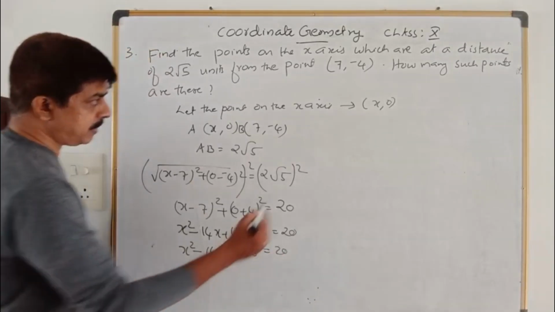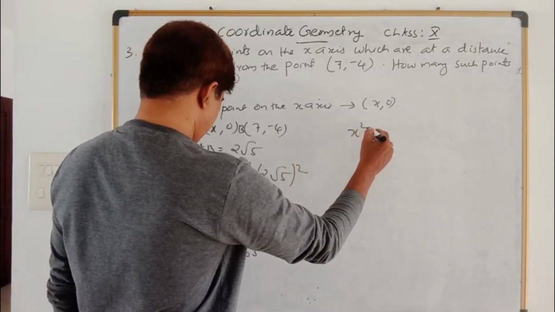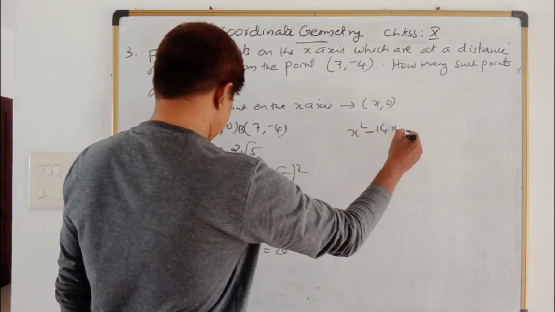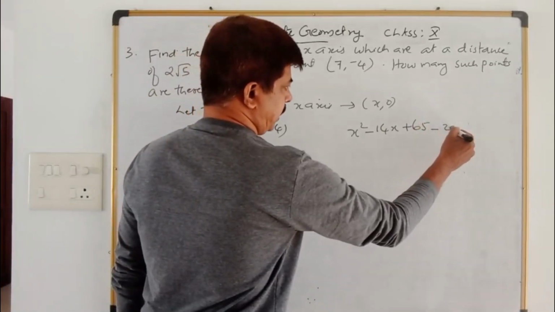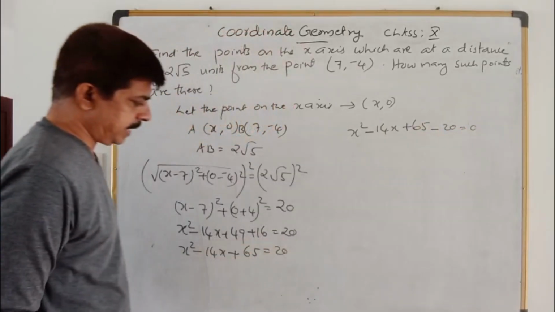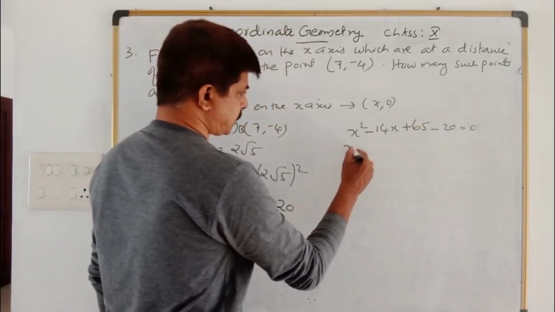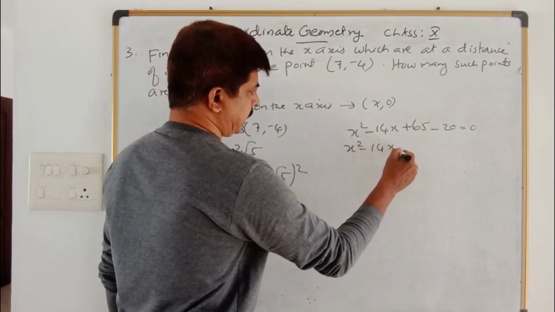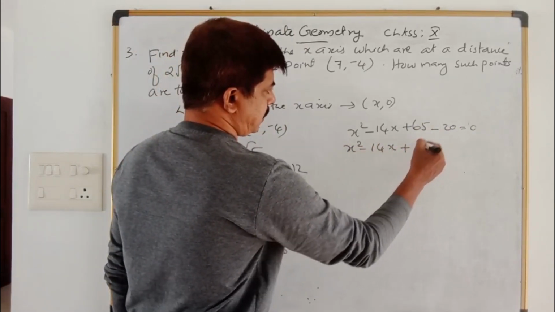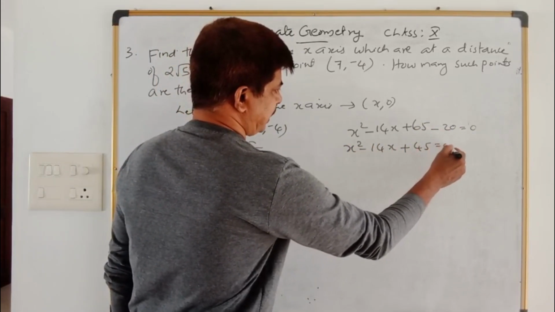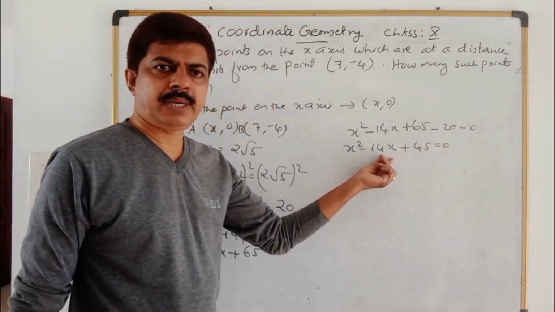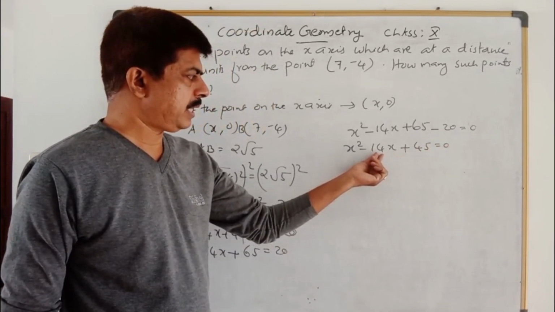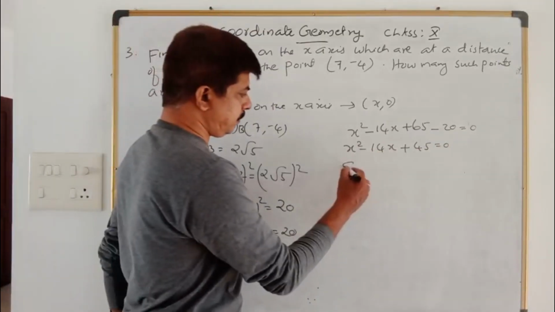We simplify again: x square minus 14x plus 65, with 20 shifted to the left side. So x square minus 14x plus 45 is equal to 0. Here again we use the factorization method only. There is a sum of negative 14.